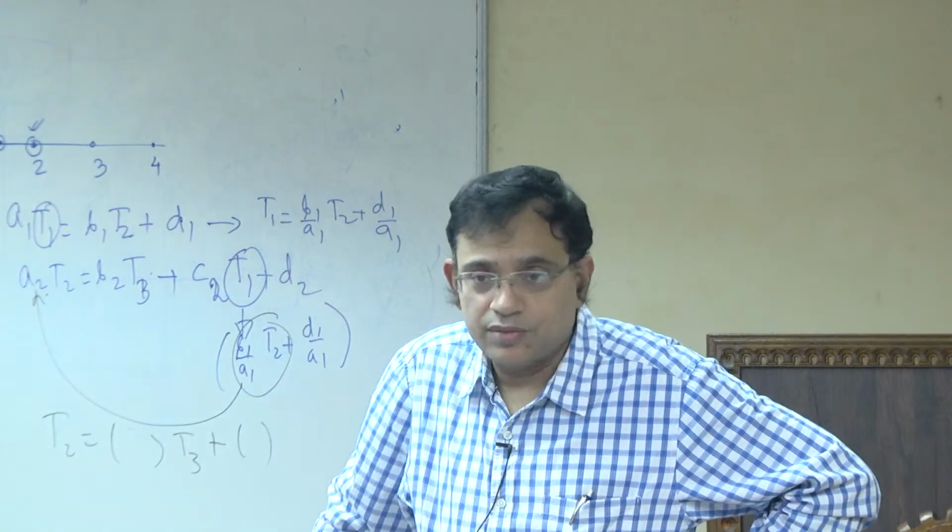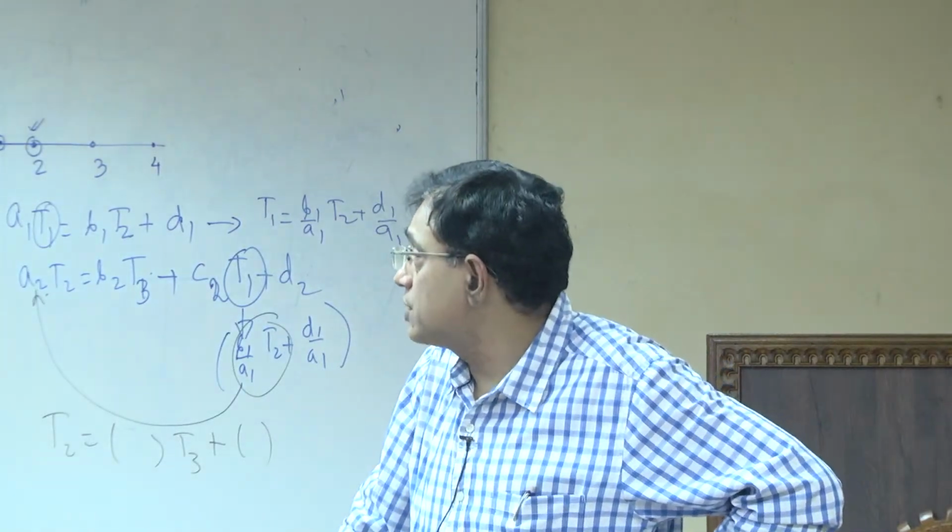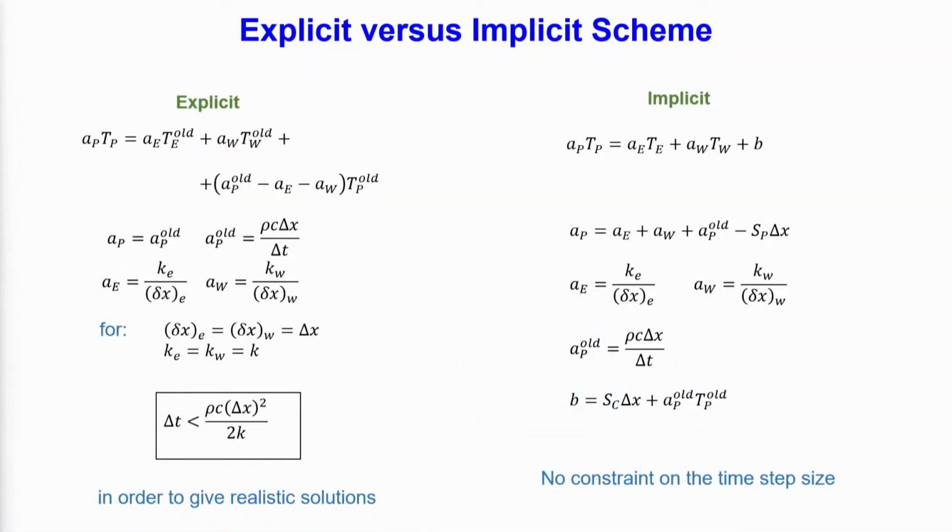The implicit scheme, if you see, now I have got rid of that superscript, the new I have not written. So, everything has a superscript new. Now in this you do not have any of the coefficients which can become negative. If you take SP as negative, then all become positive.